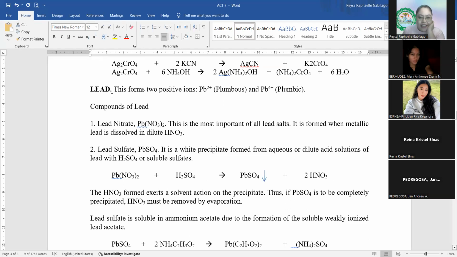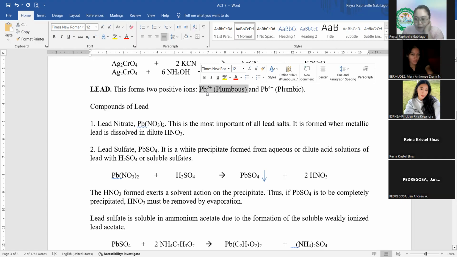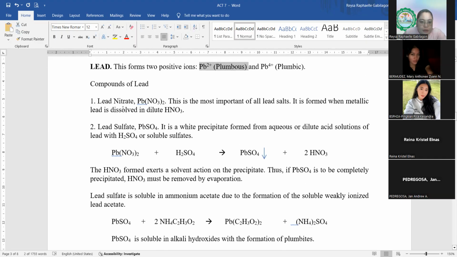We have the lead. Okay, lead has two charges, the plumbous and the plumbic, +2 and +4. However, the member in group 1, the one with silver, is only the plumbous. The +2 charge. Okay, so let's discuss the compounds of lead.